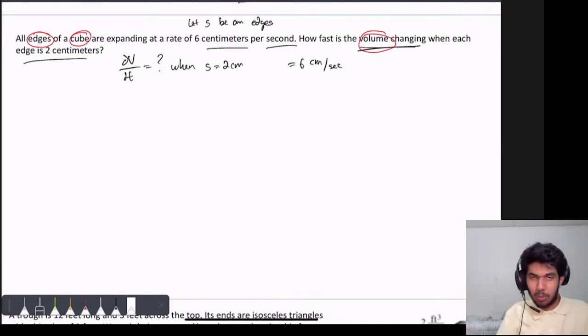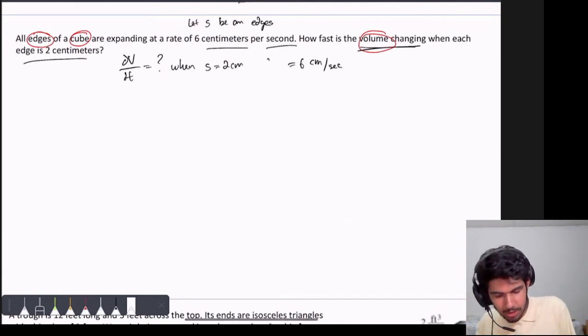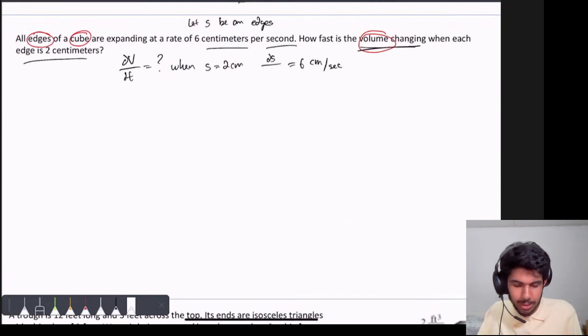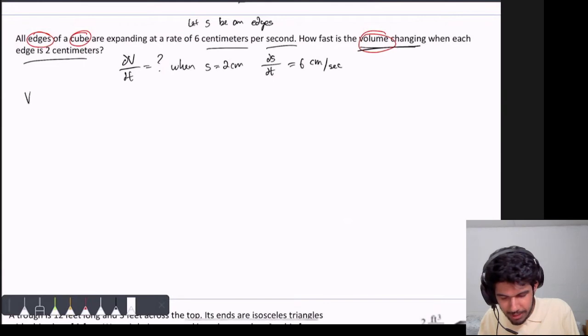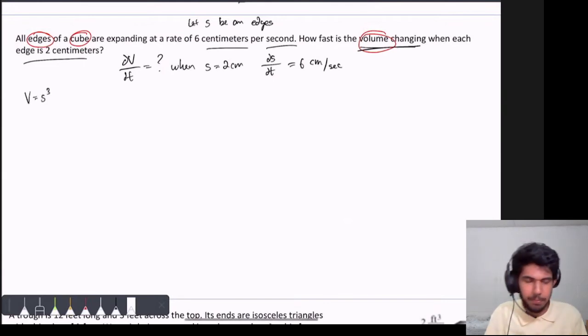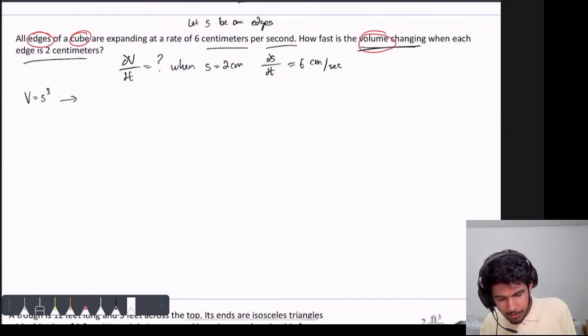Well, that is a rate, in particular the rate of change of the edges, ds with respect to time. So now we can think about our equation. What's an equation that relates everything? Well, v equals s cubed, right? The volume of the cube is simply the cube of its side length. So let's take the derivative of both sides.